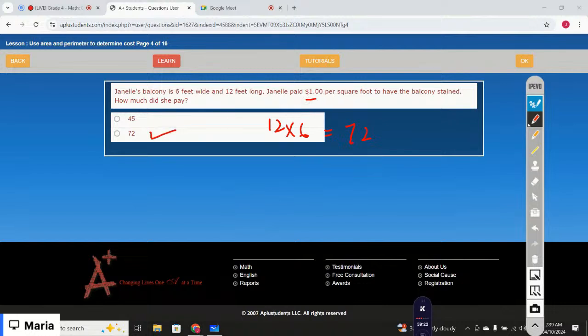So the correct option is 72, right? Option number 2 is the correct option.